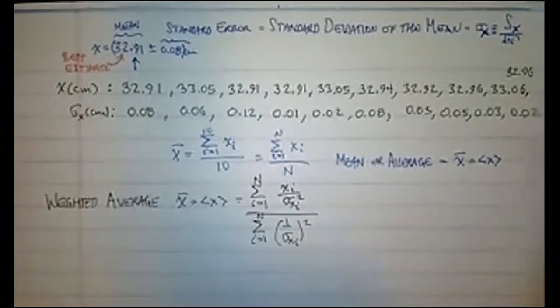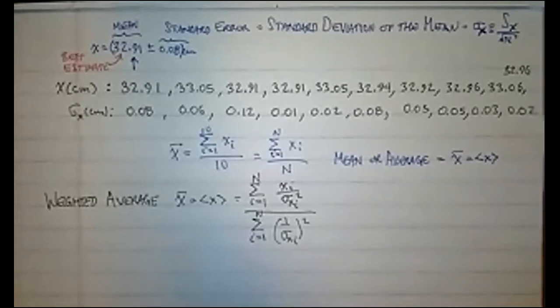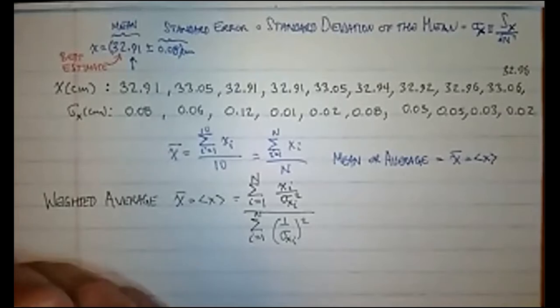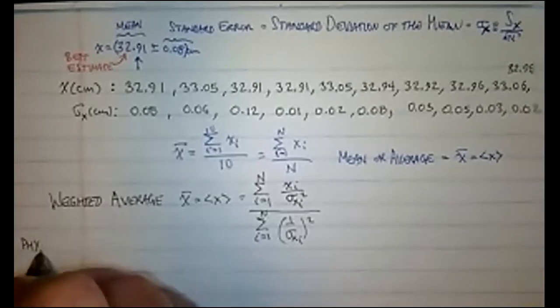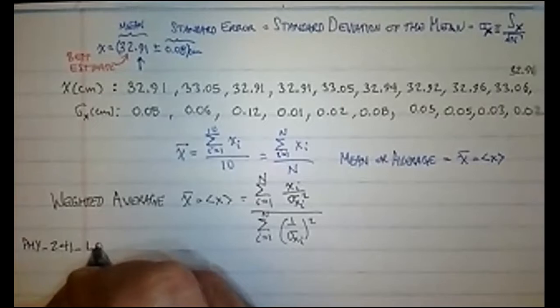Yes, I always upload these documents. They're always asking, can I upload this document? Yes, I always upload this document immediately after class, or at worst case usually within a couple hours after class, to my Google Docs. And it'll always be labeled, like in this case, it'll be PHY_241_L0.